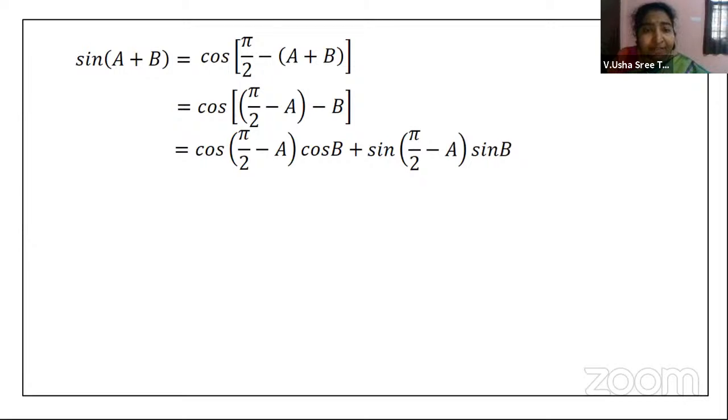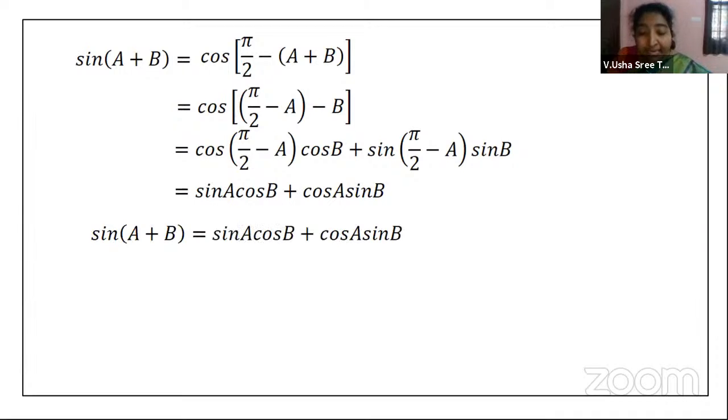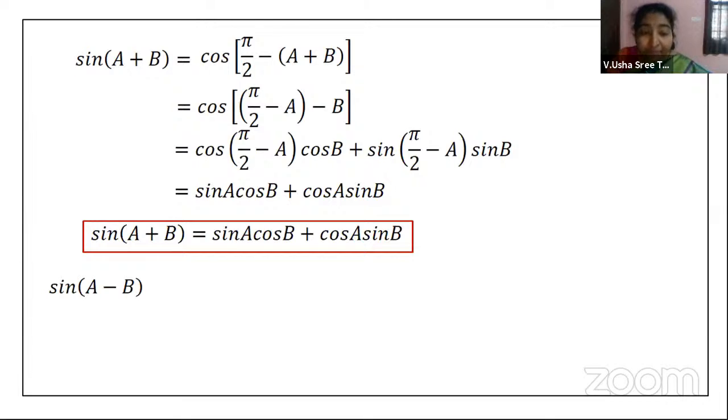Pi by 2 minus a with cos will be sin, and if you take sin of that, it will be cos. So you are getting sin a cos b plus cos a sin b. Therefore, you can conclude that sin of a plus b is equal to sin a cos b plus cos a sin b.